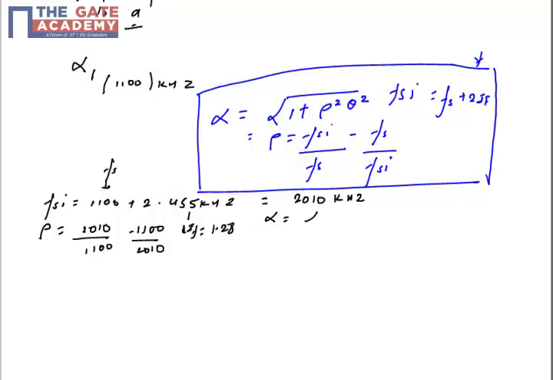Alpha is the square root of 1 plus 1.28 whole square into 100 square, since Q is given as 100. When you calculate, it comes out to be nearly 128. This is my alpha 1.